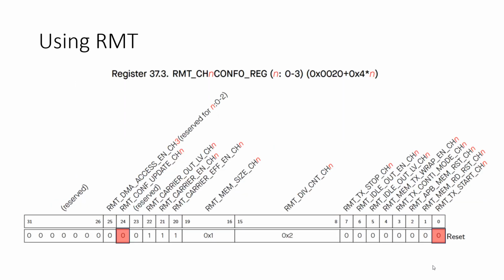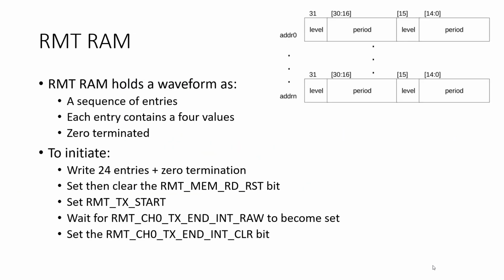So it's basically an array of 32-bit words where each word consists of a level, which in our case is always going to be 1 at first, then a 15-bit period, how many cycles you want it to be high, followed by the next level, which is always going to be 0 in our case, and a 15-bit number of cycles for the low time, right?